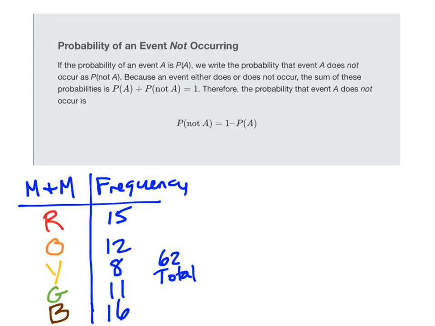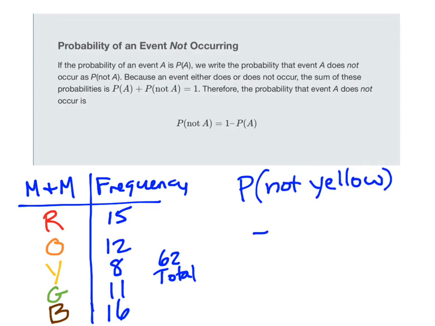Okay, so as an example, let's say that you have a small bag of M&Ms and you count them up, there are 62 total, and they come in red, orange, yellow, green, and brown in the bag, and we can count and record these frequencies. Let's say you want to find the probability that the M&M is not yellow.